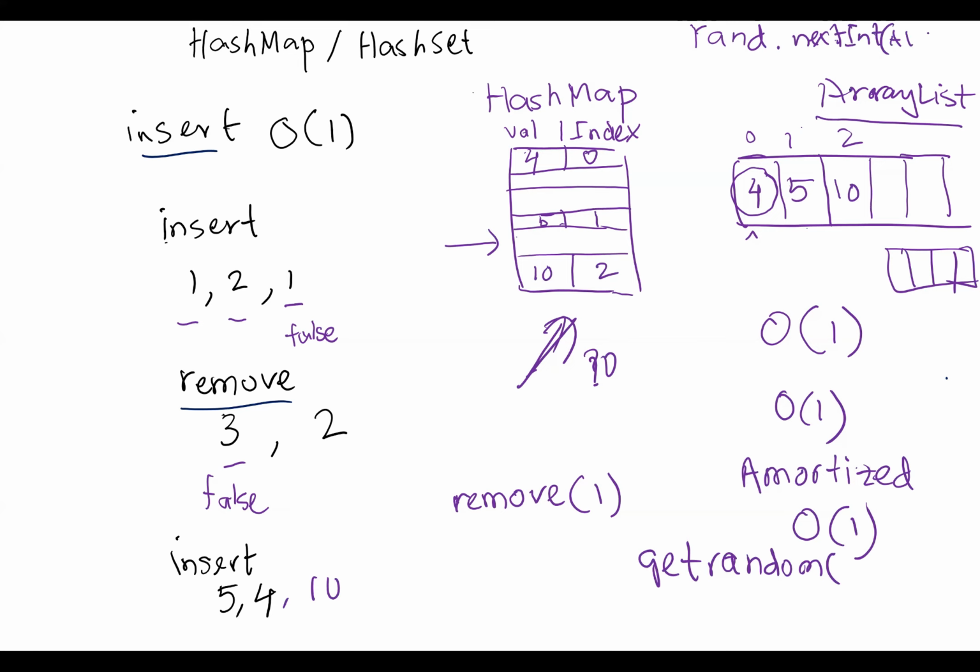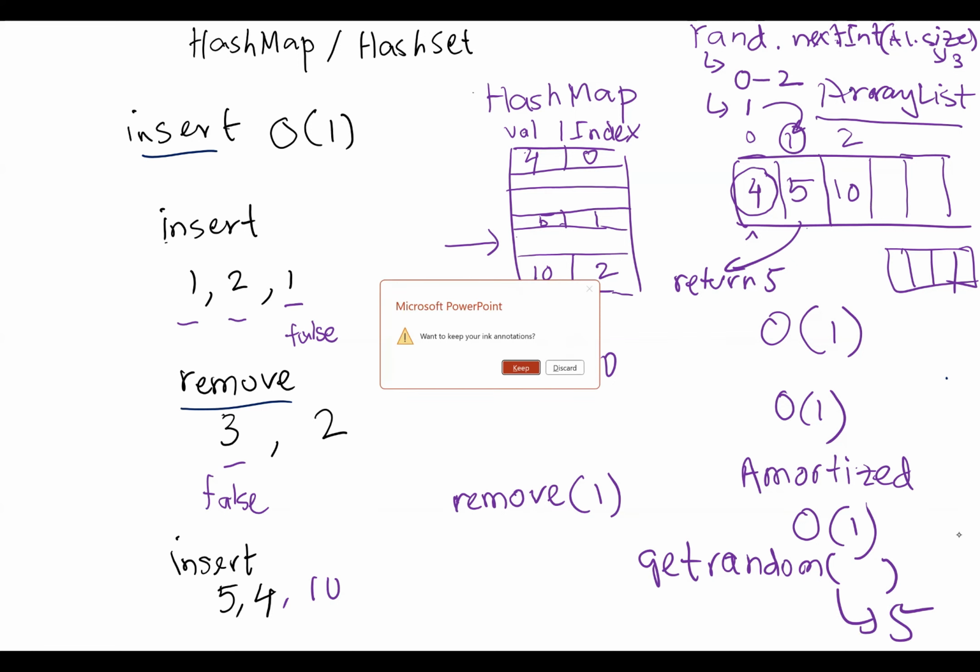The array list size is 3 here, right? So it will give me a random value between 0 and 2. Say this value is 1. So I just come here and return 5. So get random will give me 5, and this is done in order of one time because I know the size of the array list.